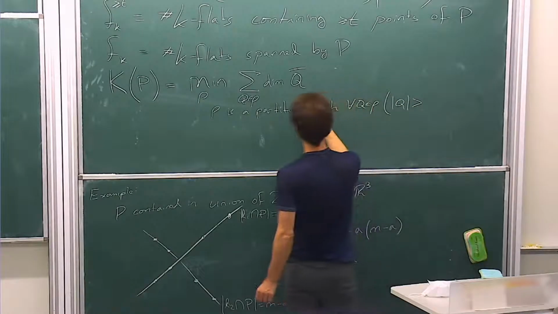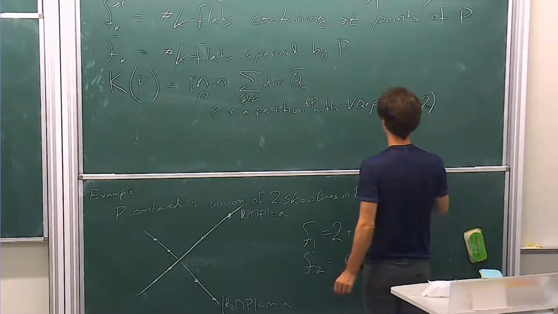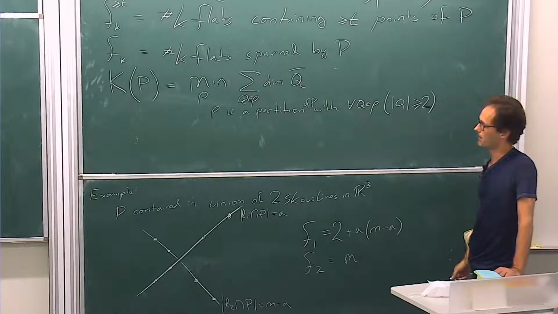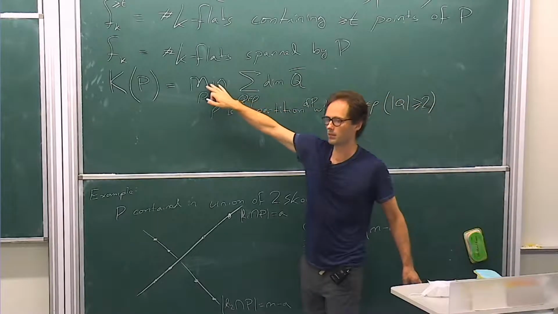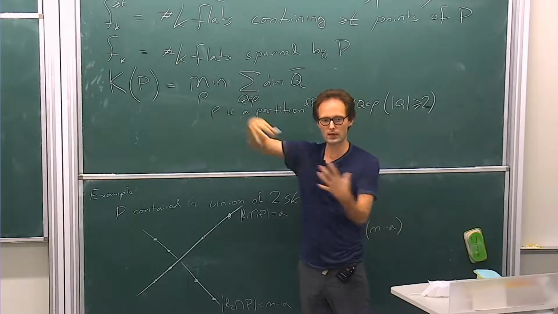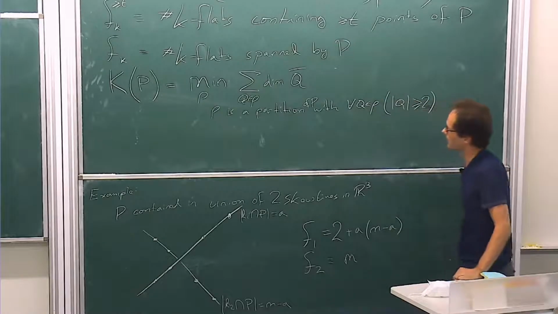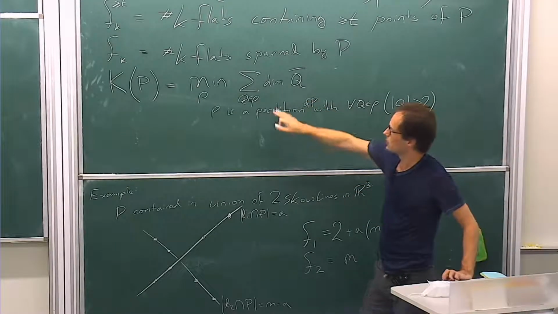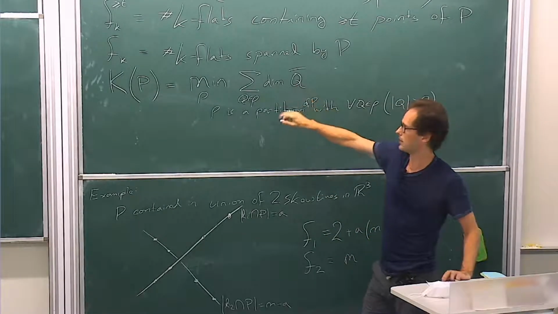The number of parts is unlimited? Number of parts is unlimited, yeah. But because you're taking the minimum, you want to group the points together as much as you can. And yeah, one observation is that this is bounded above by the dimension of the span of P.